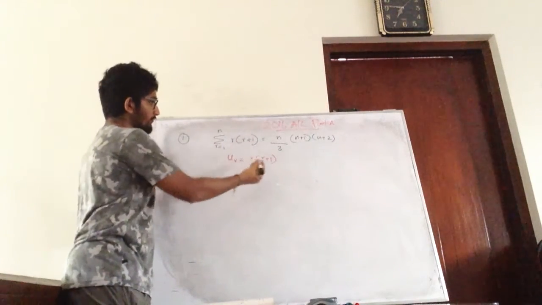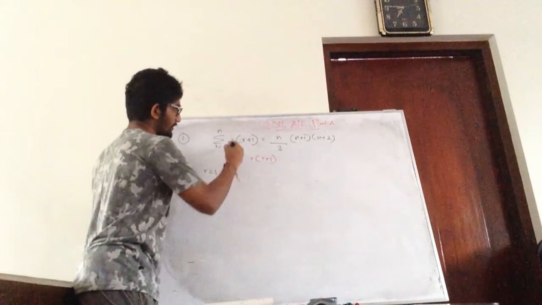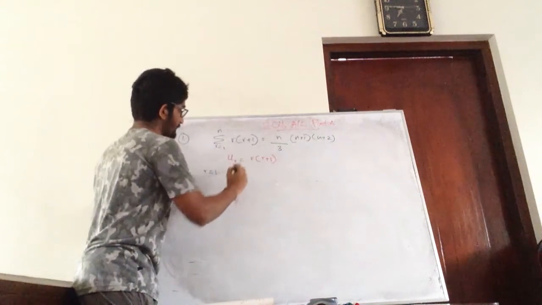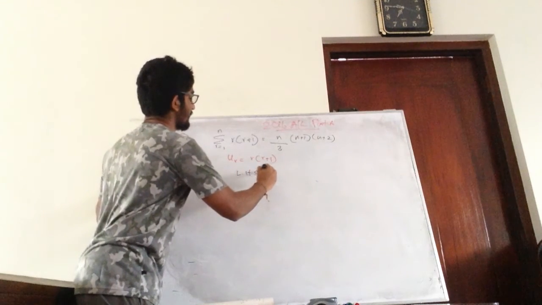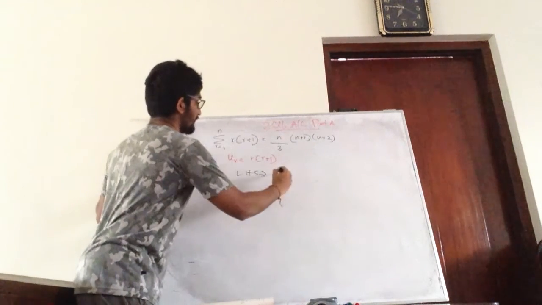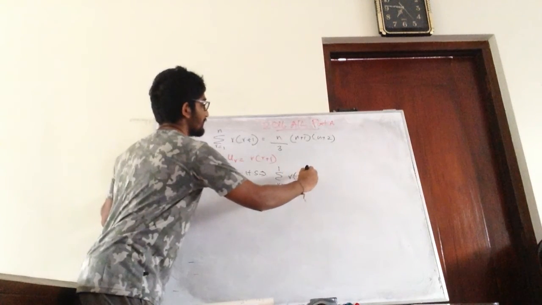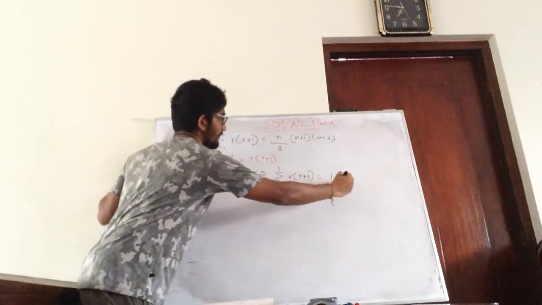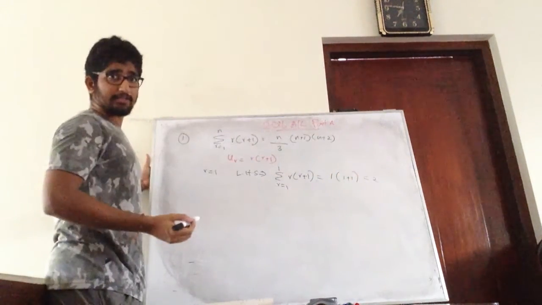So then you have to prove for R equals 1. So for R equals 1, the left hand side is what? R equals 1 to 1, R plus 1. That means 1 plus 1, that means 2. Correct, no?